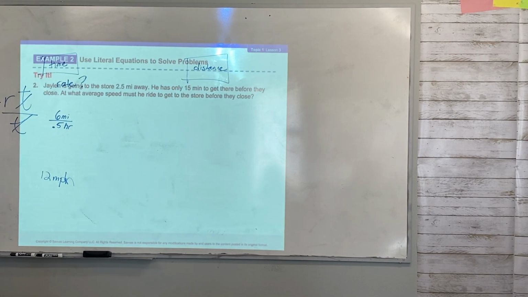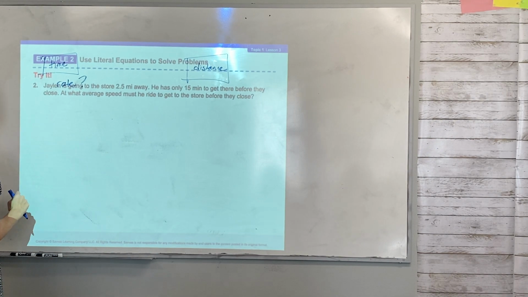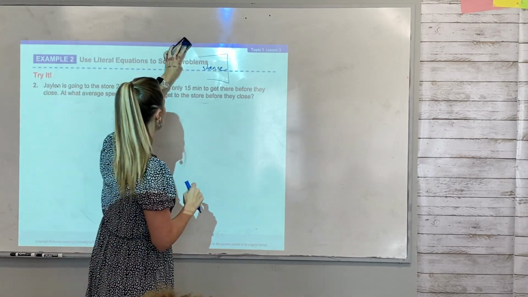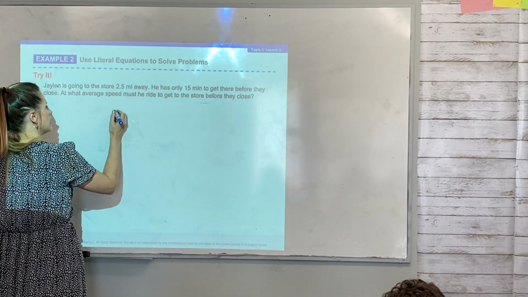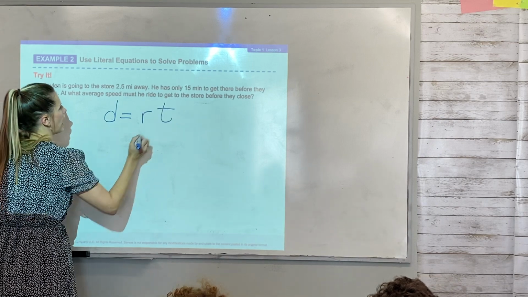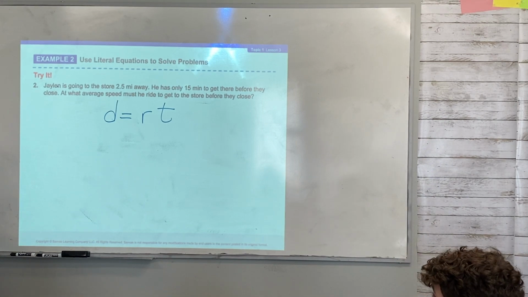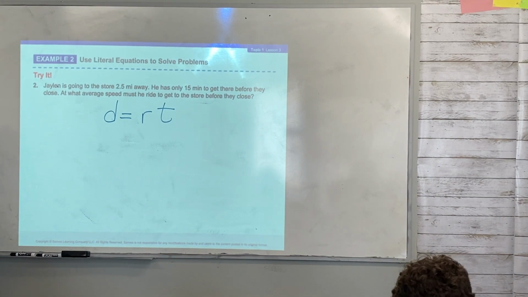Let's do a try it, okay? This is the last thing we're gonna do today. Now, we're still gonna use distance equals rate times time. First identify what variable we need to solve for by the question.